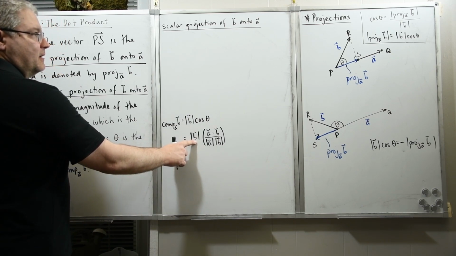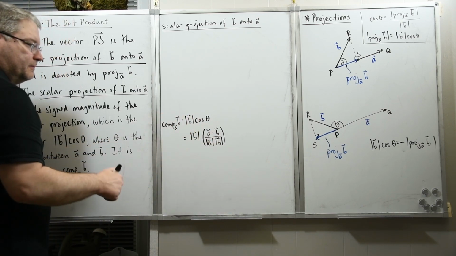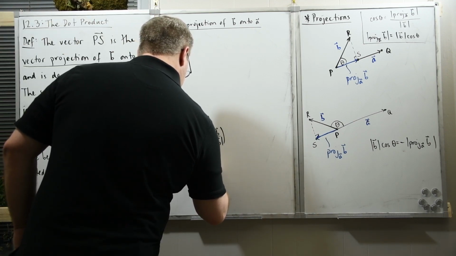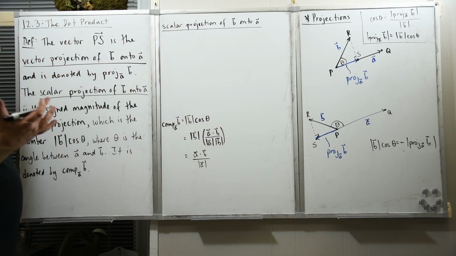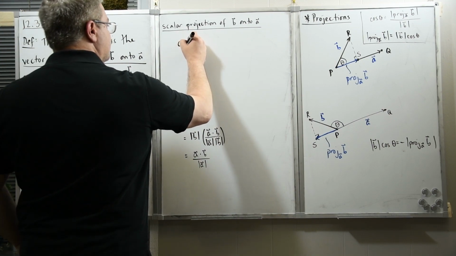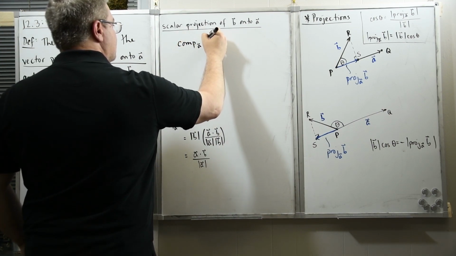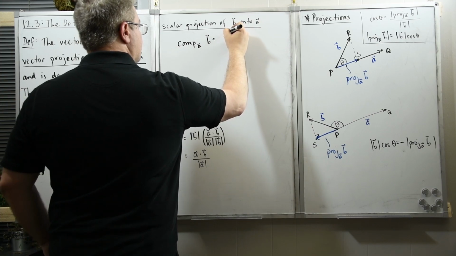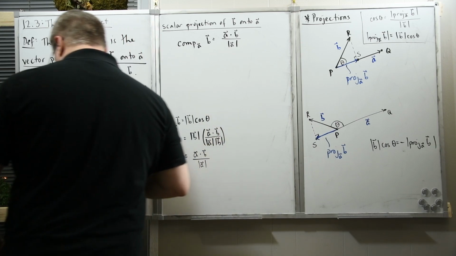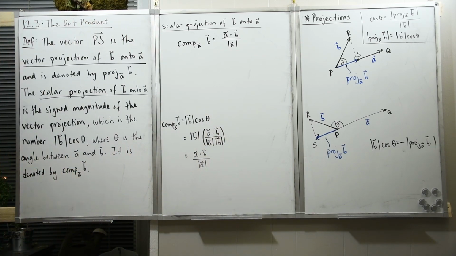But the magnitude of B here and the magnitude of B here will reduce out, which means you're going to have A dot B over the magnitude of A as the scalar projection of B onto A. And again, this gives us the signed magnitude of the vector projection of B onto A.